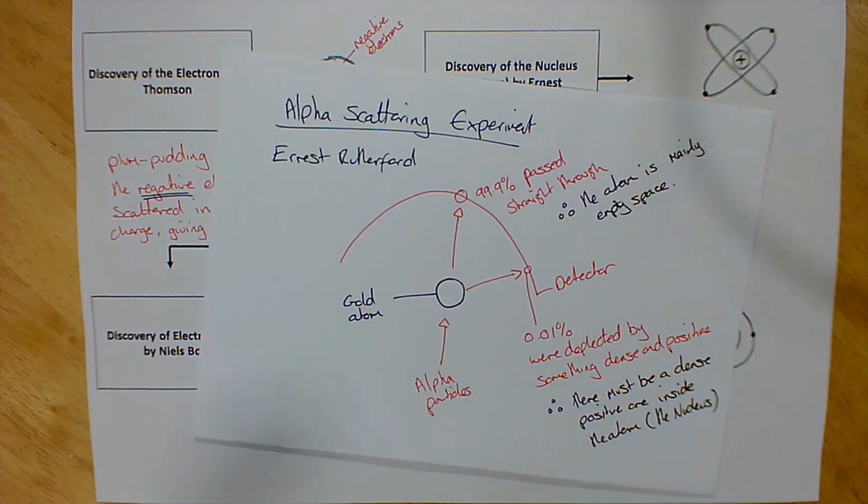Okay, so some of those alpha particles were deflected straight back, which means that whatever they were hitting must have been in the dead center of the atom. So they knew that in the center of that atom there must be a very positive, very dense center, and what they discovered was the nucleus.